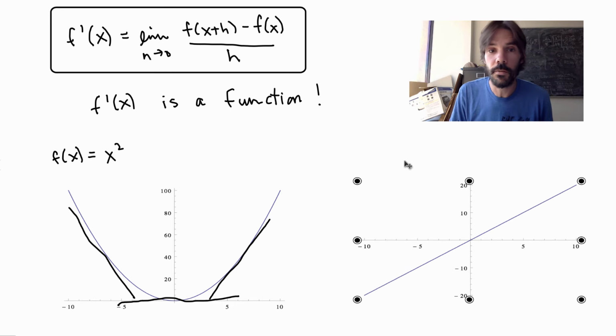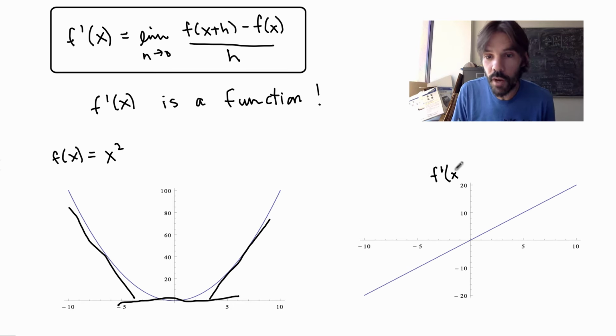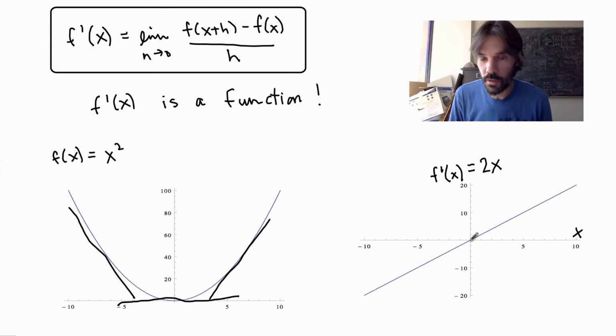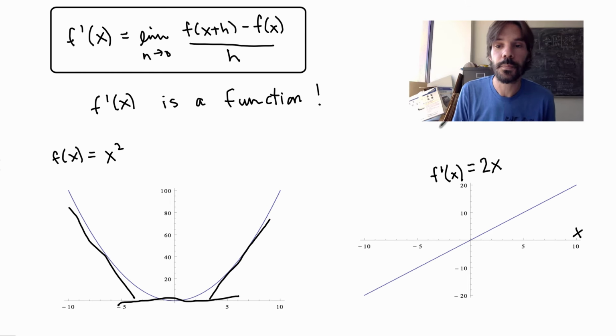So this will be a new function, which is in fact the graph of the function f prime of x as a function of x. In this case, it turns out that f prime of x will just be the function 2 times x. So you see it makes sense. At x equals 0, the function is 0, which is correct because the slope of the tangent line is 0. For any positive x, the slope here is going to be positive, which is what happens. And for any negative x, the slope here is going to be negative.